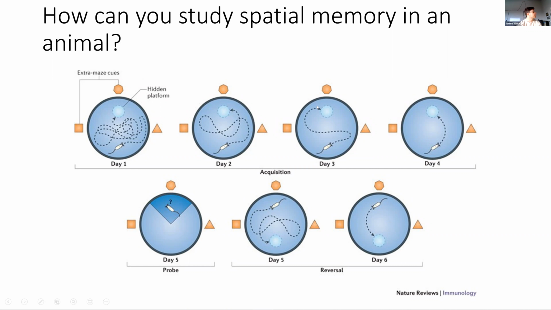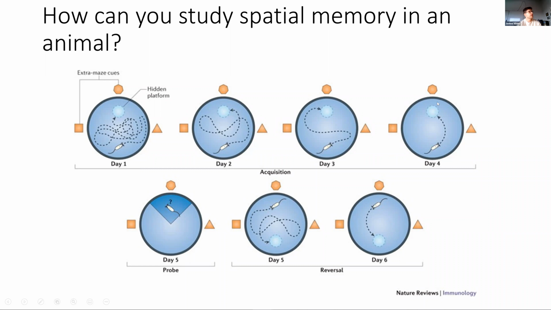In this case, you can also give the animal clues or little cues around so that it can position itself in space. And eventually, after day 1, day 2, day 3, you see that the path they take gets shorter and shorter to find the platform. So this would be an example.